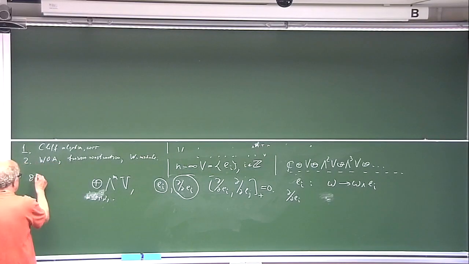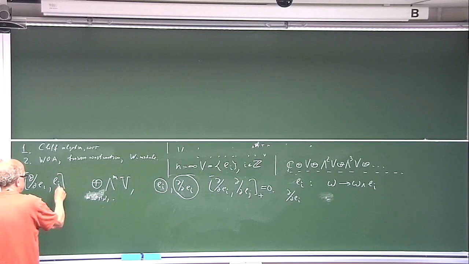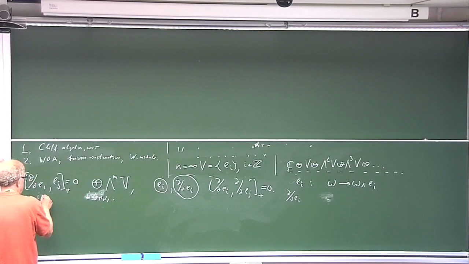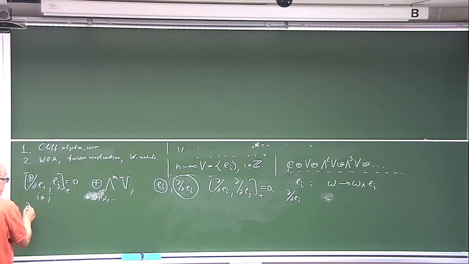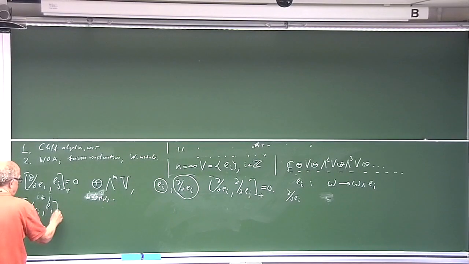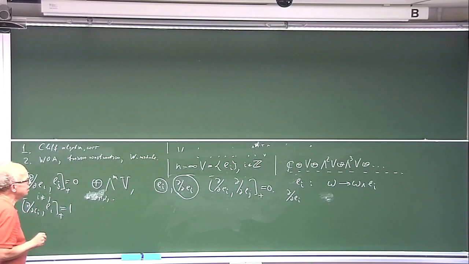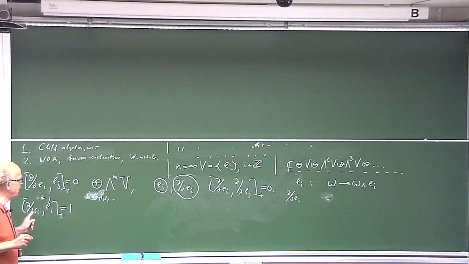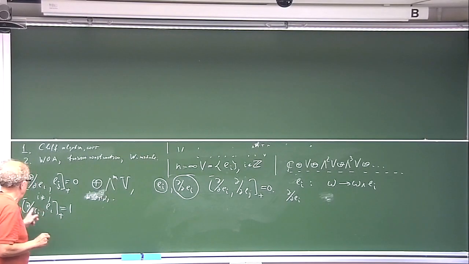Also d over d e_i and d over d e_j anticommute, that is, their sum is 0 if i does not equal j, and then d over d e_i with e_i gives 1. Maybe there is a mistake of sign here, but it is such a kind of relation.